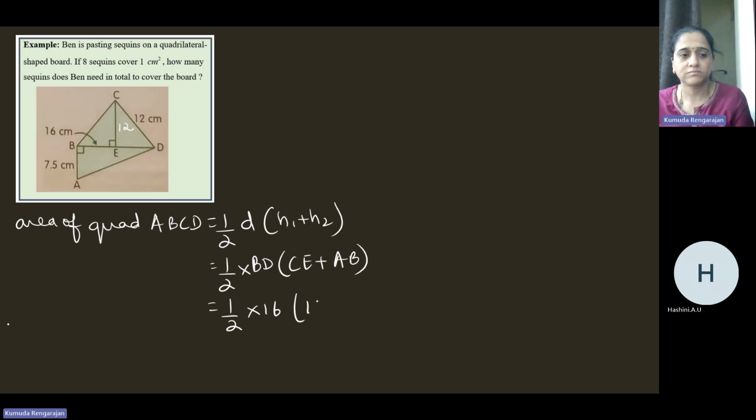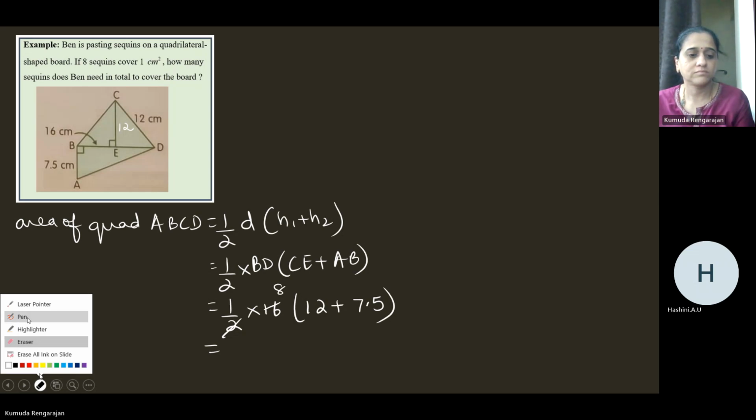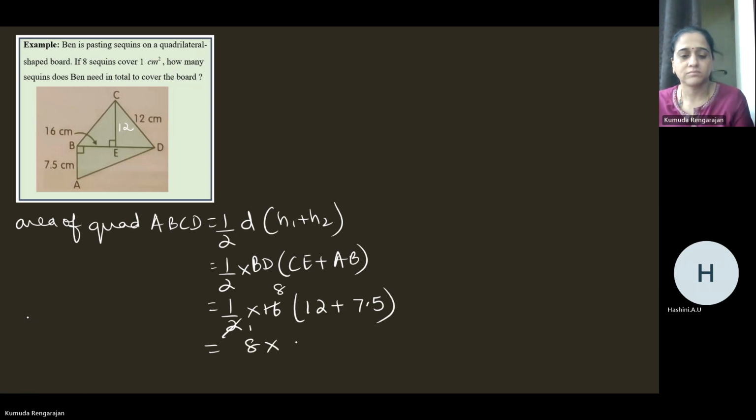150. This one 156. 156 centimeters square. Correct. For 1 centimeter square, Ben needs 8 sequence.